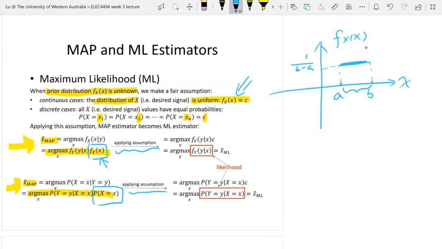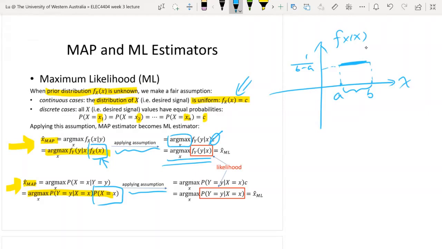But a constant is not affecting the maximization process. So c can be removed. C is nothing about the x selection. After we delete c, we derive this answer. But what is this f_Y(y|x)?